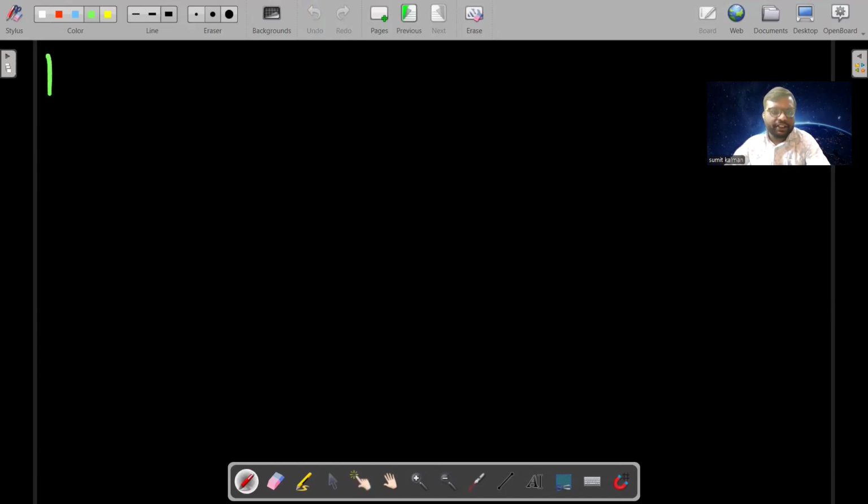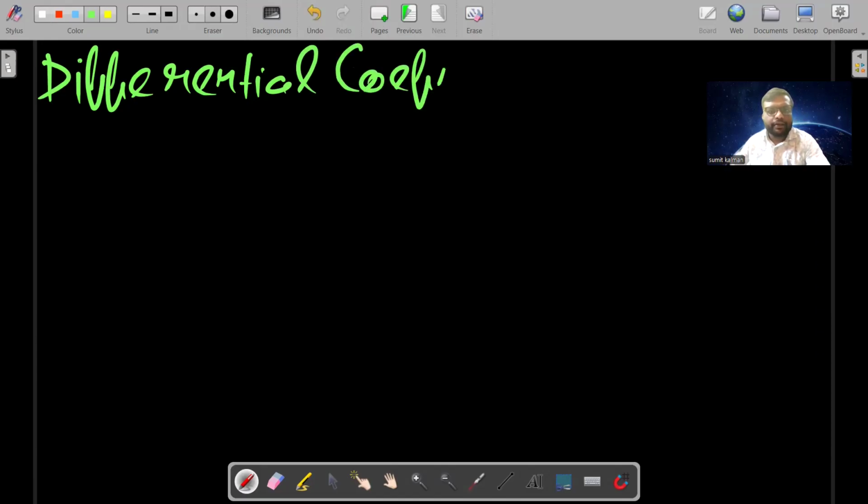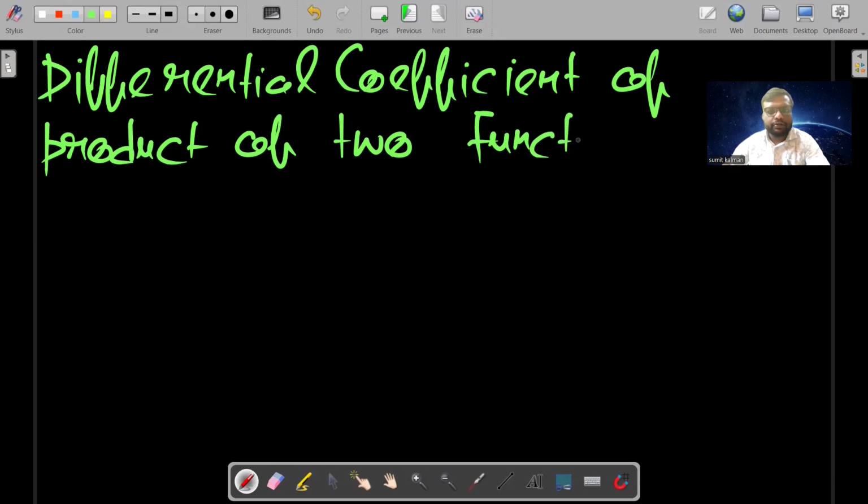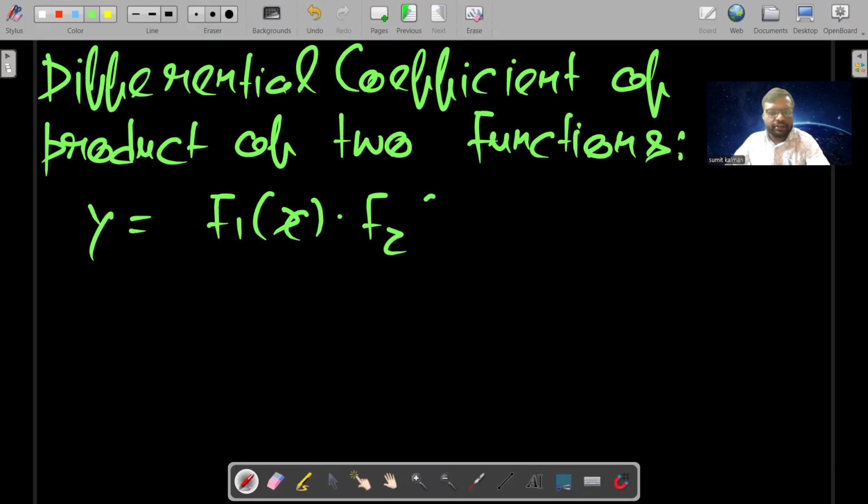Now, let y is equal to f1(x) dot f2(x). Here y is equal to the product of two functions, that is f1(x) and f2(x).